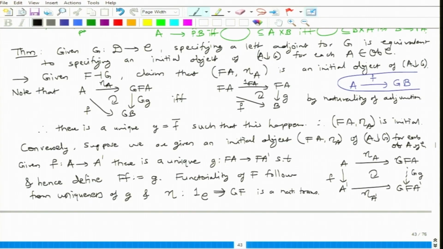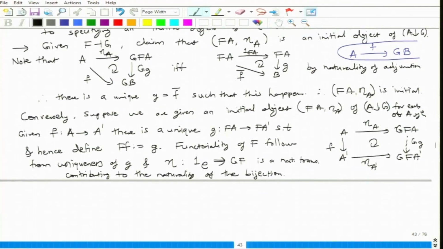So eta is a natural transformation, contributing to the naturality of the bijection. I mean, there are many things to check here, but you have already seen enough proofs of this kind. So I think you are convinced.